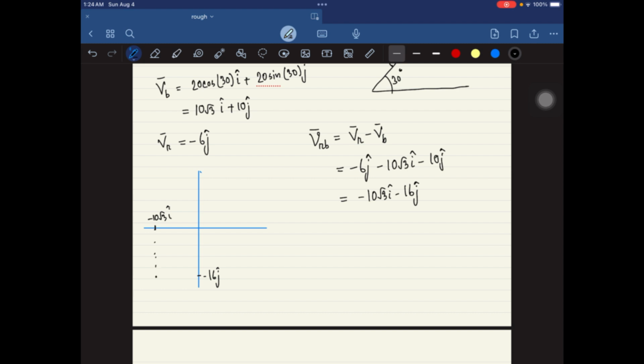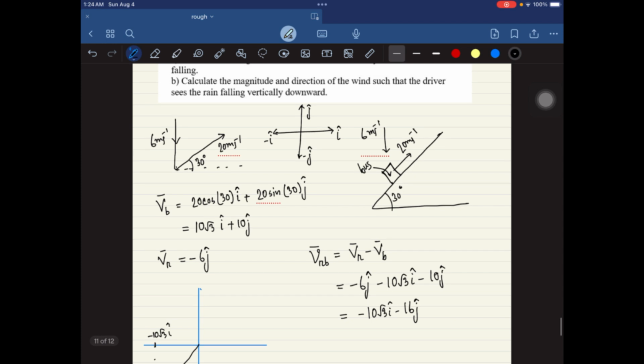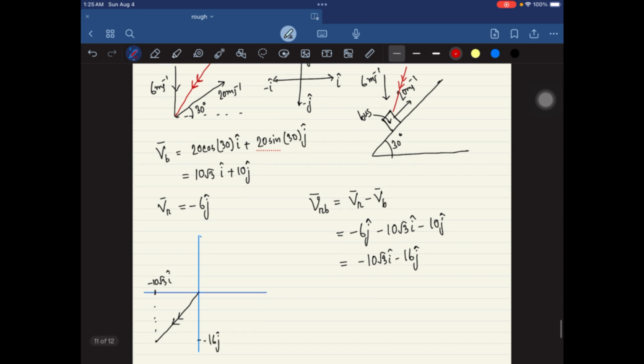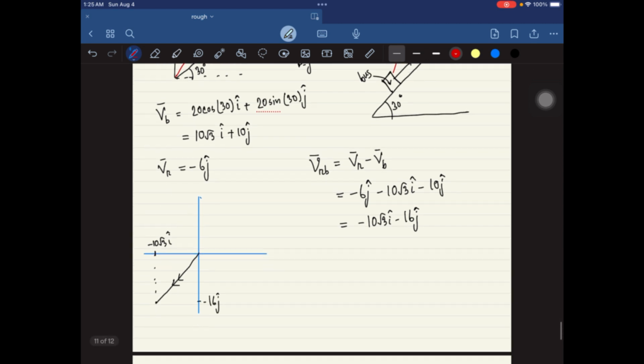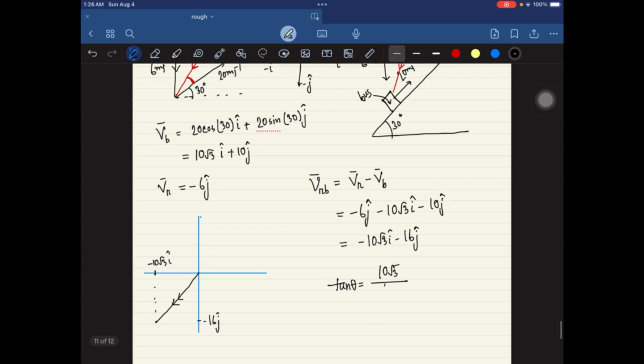That will be the point, and the direction should be this, the resultant, which is the velocity of rain with respect to the bus, the relative velocity. I need to determine the angle. So here tan theta is equal to 10 root 3 divided by 16.